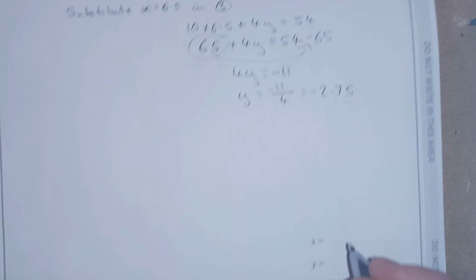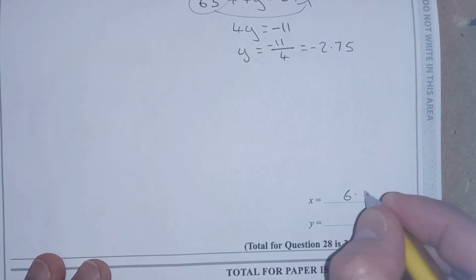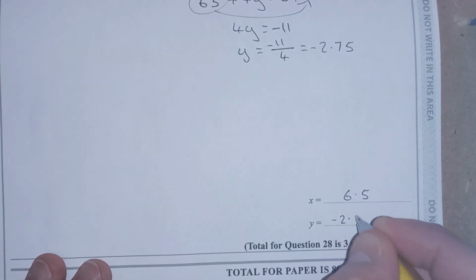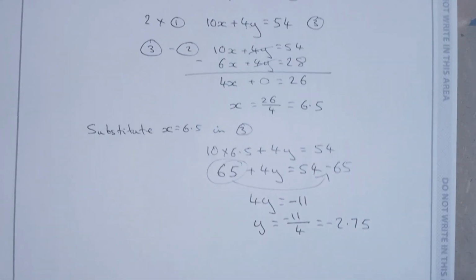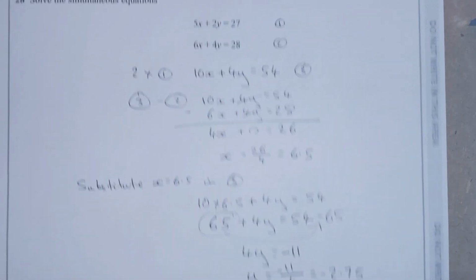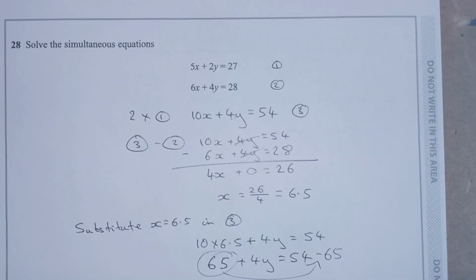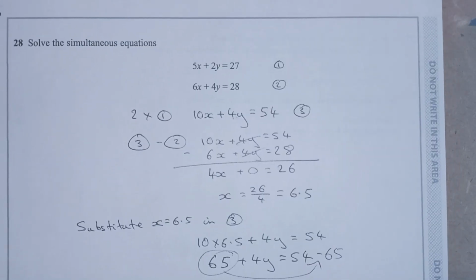Okay, so we can write, what did we have? We had 6.5 for x and minus 2.75. Now those aren't particularly nice numbers, so you can be thinking, oh, I'm not sure, have I made a mistake? So what you can do if you want to, if you've got time and you've checked everything else, is you can substitute those values back in here.